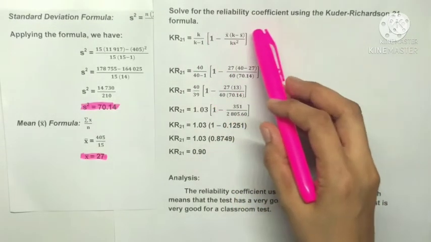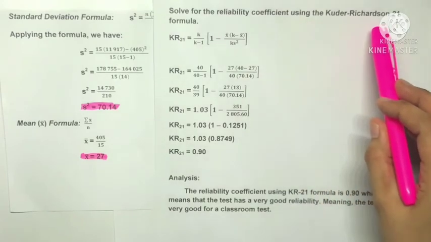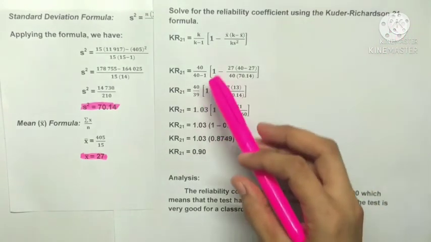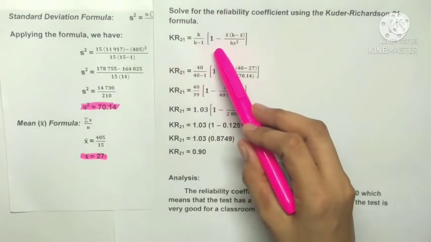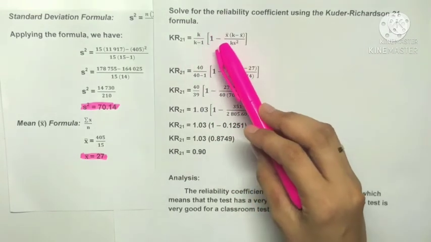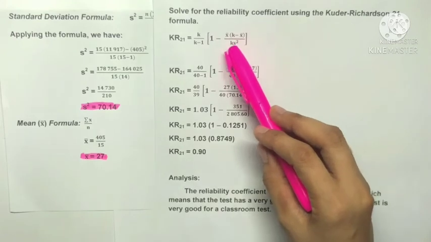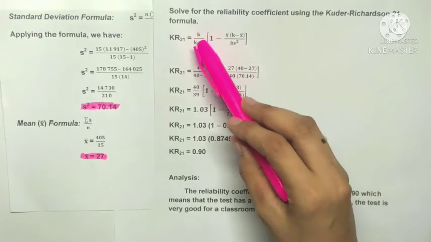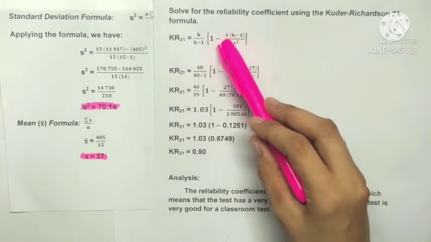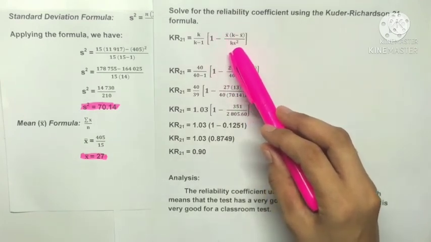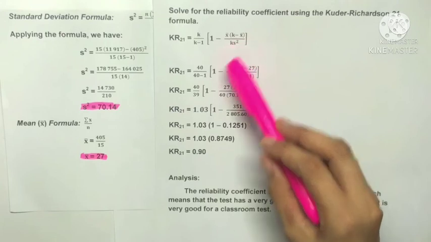So we will solve for the reliability coefficient using the Kuder-Richardson 21 formula. So we have here k over k minus 1 times the quantity of 1 minus the mean times k minus the mean over k s squared. So k here is the number of items. The x bar here is the mean, and s squared is the standard deviation.